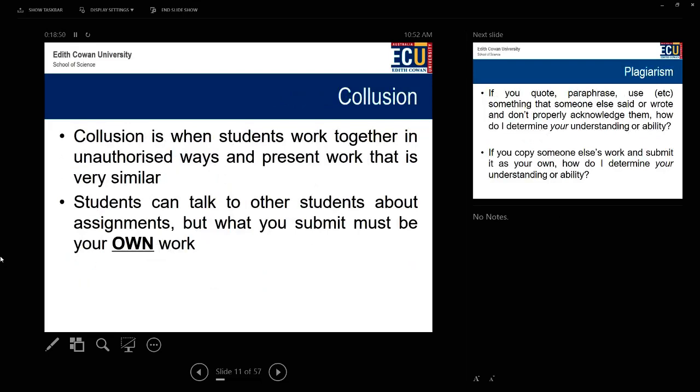You need to know about collusion. Collusion is when students work together in unauthorized ways and present work that is very similar. For your online test and your assignments, and for your exam as well, I will encourage you to discuss with your peers, discuss among yourselves, have group discussions on your assignments.